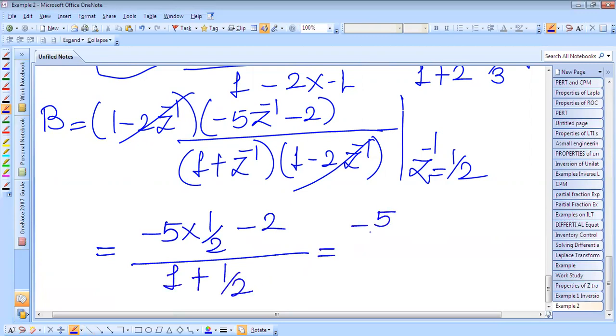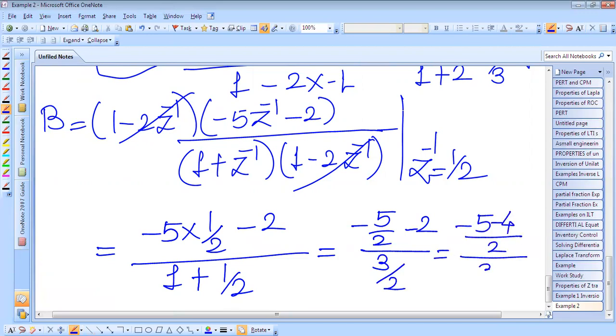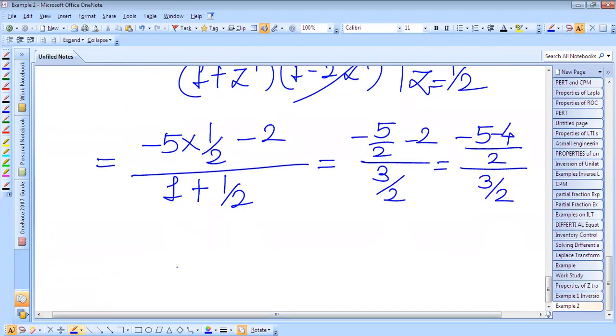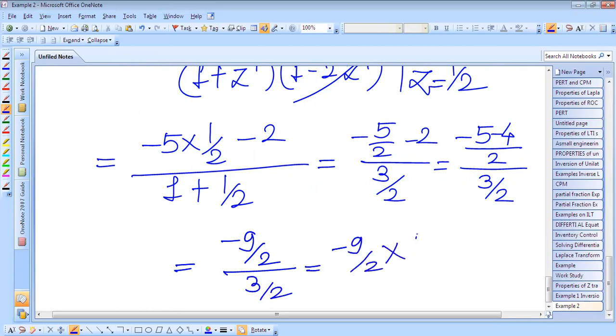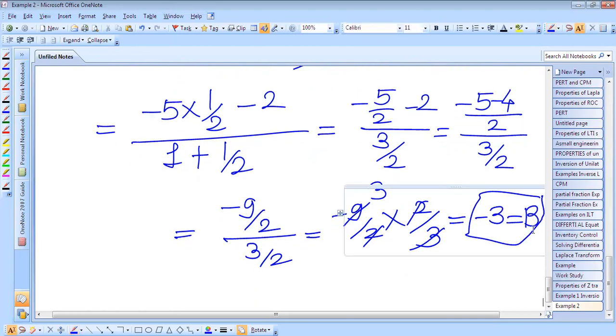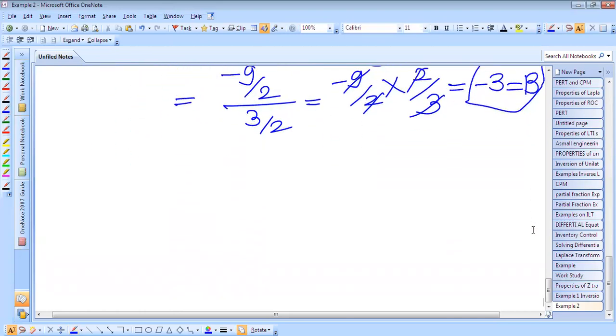So minus 5 by 2 minus 2, this is minus 9 by 2 over 3 by 2. And what will remain here now? Minus 9 by 2 times 2 by 3, so it is minus 3 is equal to B. So the value of B is minus 3. So we can put these values.